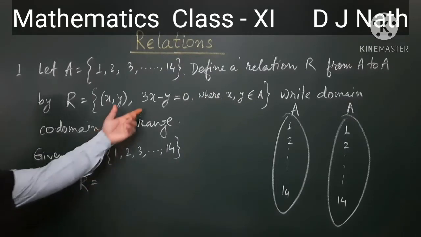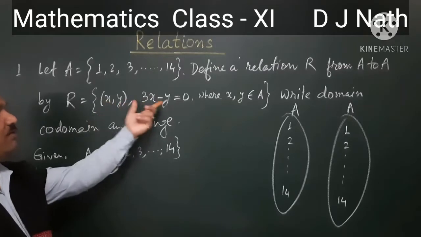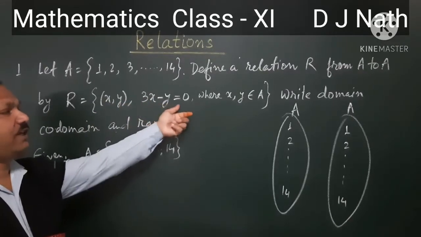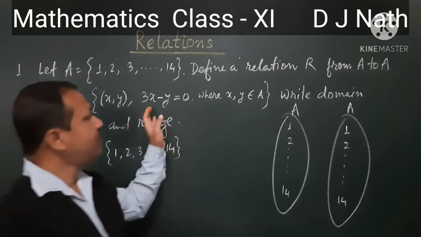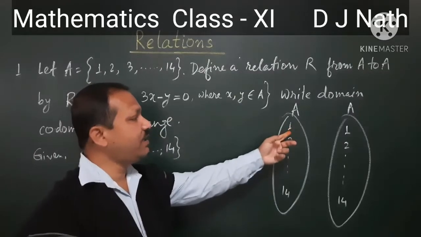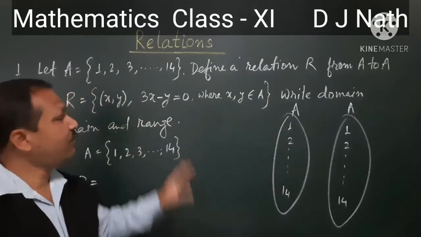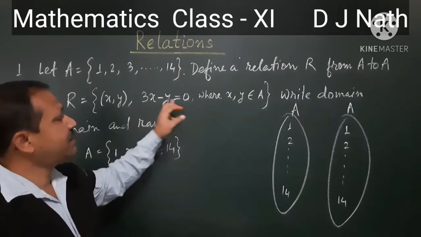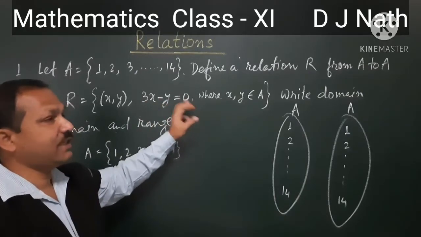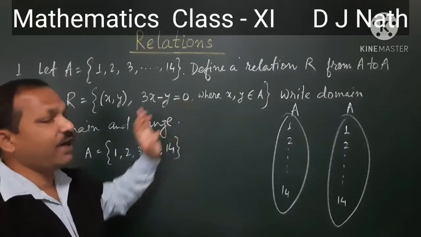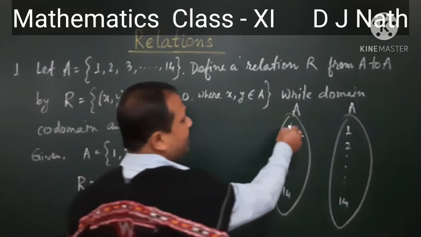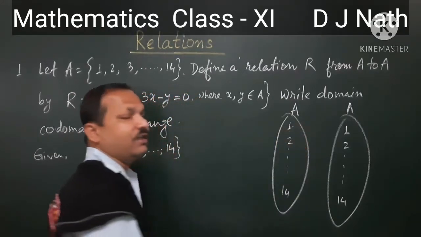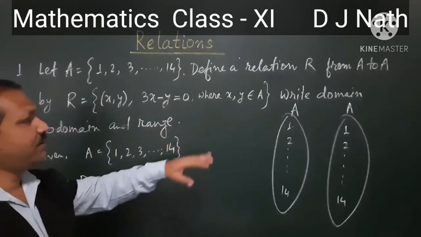R is defined in ordered pairs, with 3x minus y equals 0. Or you can say, if we shift y to that side, 3x is equal to y. So 1 with which one will it be related? Is it possible?